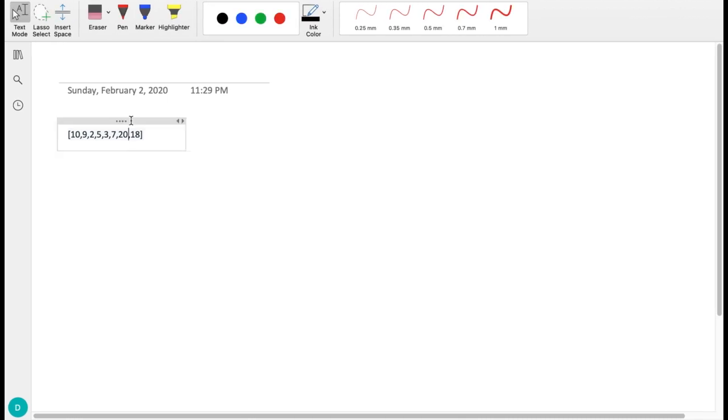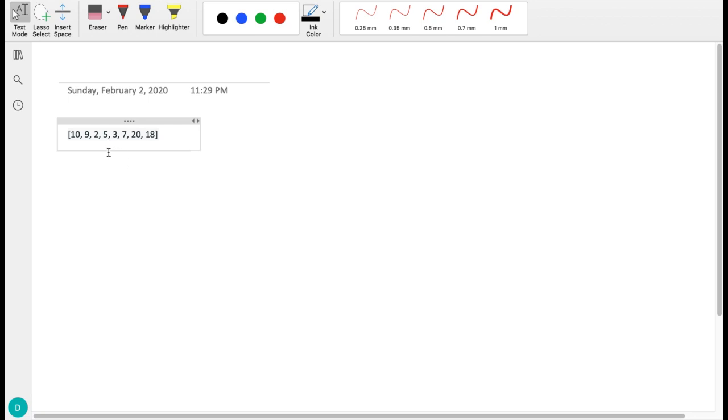In this array, you have the numbers 10, 9, 2, 5, 3, 7, 20, 18. They are not ordered, they are randomly distributed.